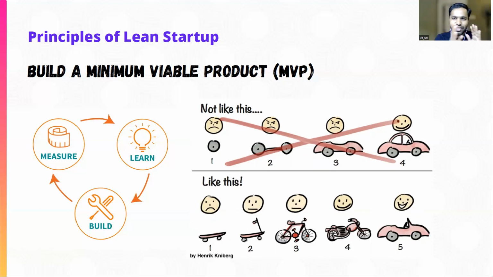Whatever version you are doing, it needs to solve that problem. It needs to give that feature for the customer to really do that work. So if you build a skateboard, it will still help your customer to travel from point one to point four or point five.